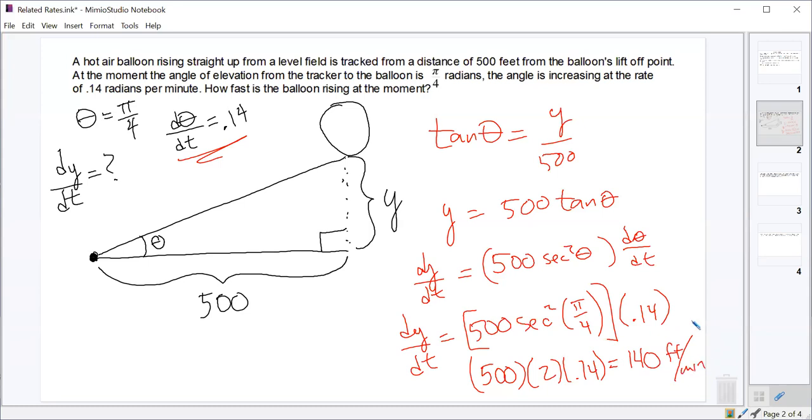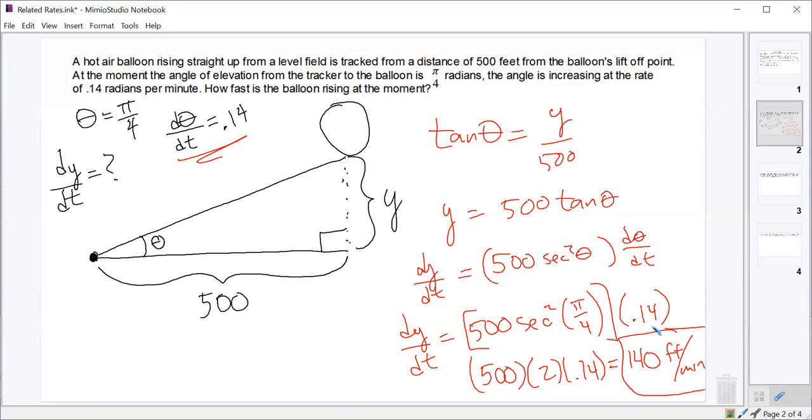Our angle was increasing in radians per minute, and our distance was in feet. So 140 feet per minute. Good or no? Good.